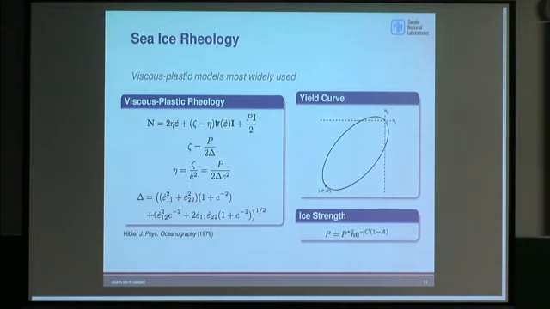And then the yield curve depends on this ice strength parameter. There are other functional forms for ice strength that are used, but this is the original one, and it depends on only concentration and thickness. So all of the weakening occurs isotropically in this type of a model.